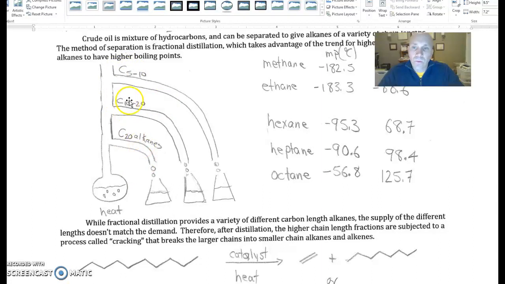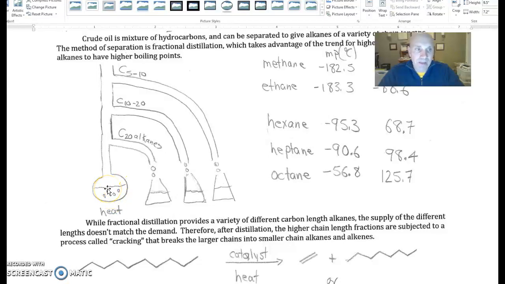So the problem is that there is much more usefulness in the lower chain length alkanes. This is where your gasoline and a lot of your solvents are going to come from. There is some use, like paraffin wax that you might use for cooking, that we might get from these, and eventually the stuff that really doesn't like to boil at all.